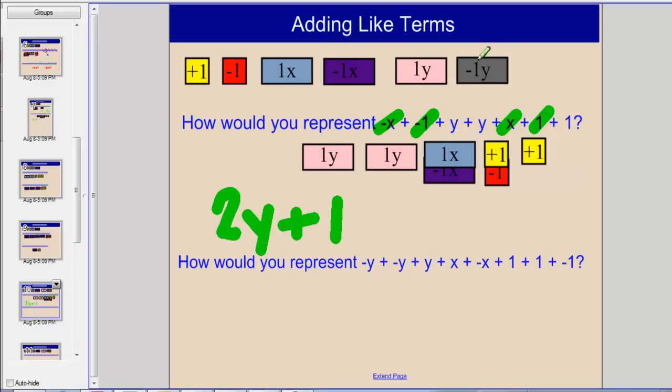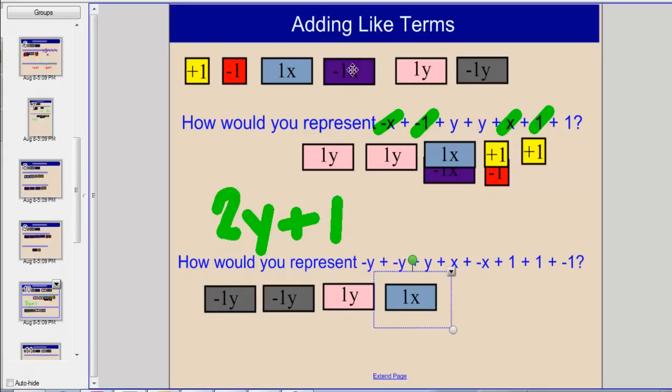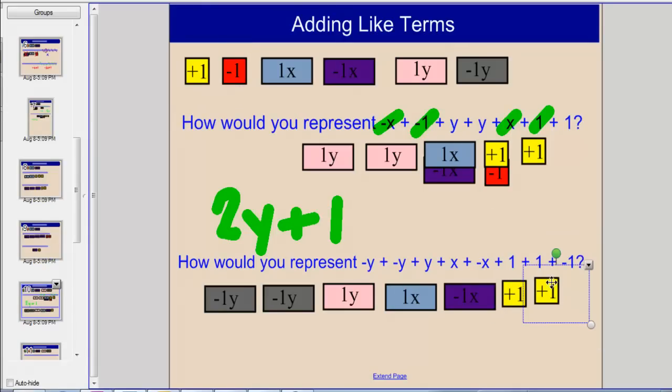Let's look at the next problem. We have two -y's, so I'm going to bring down two -y's. We have a positive y, a positive x, a negative x, two 1s, and a negative 1. Again, we're going to put anything together that can cancel.